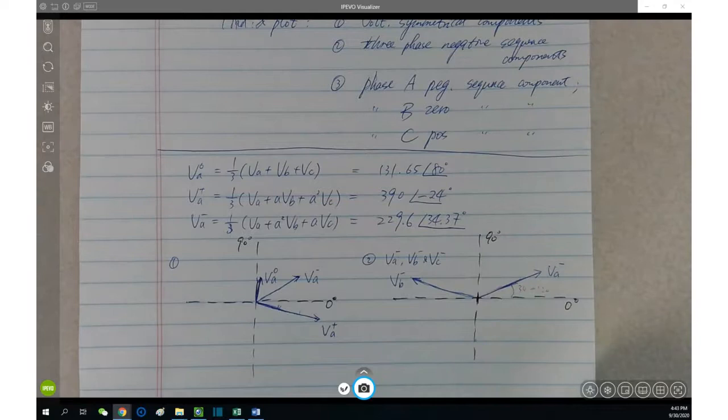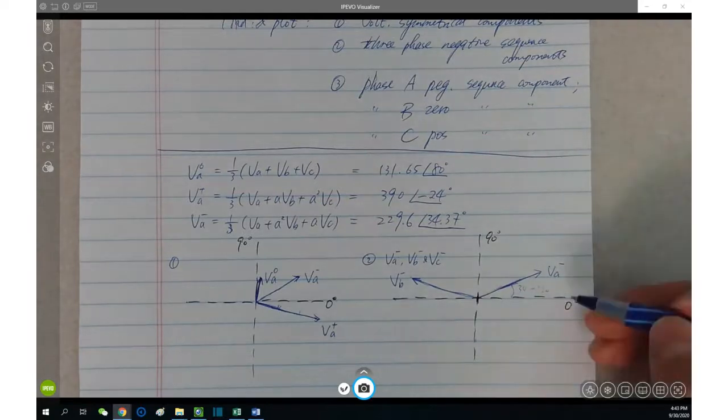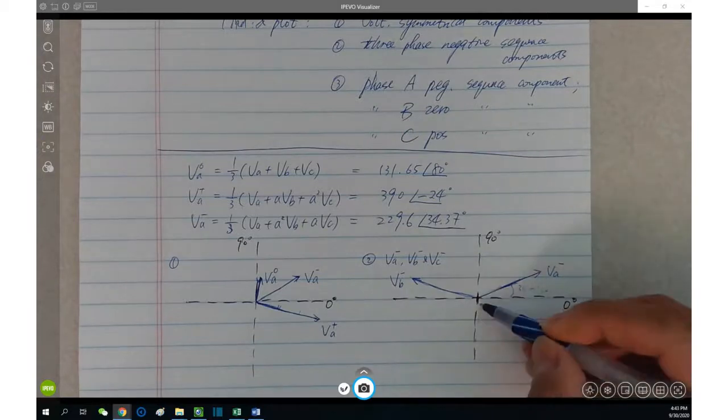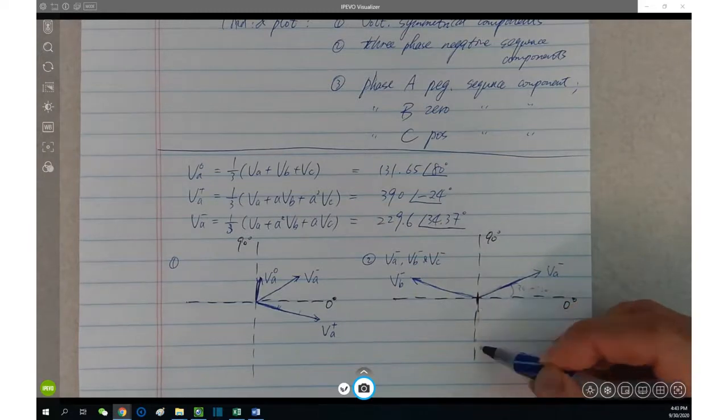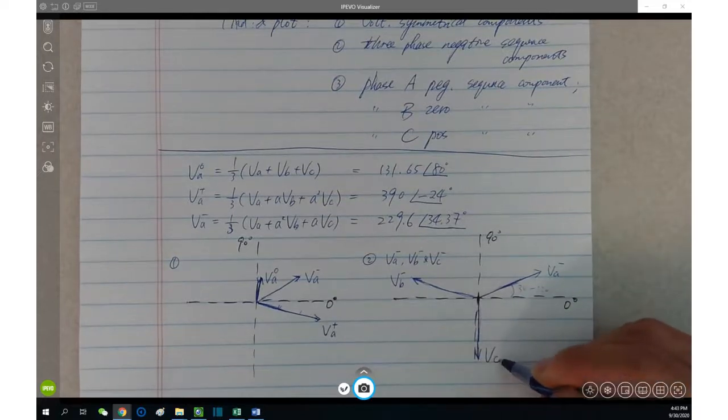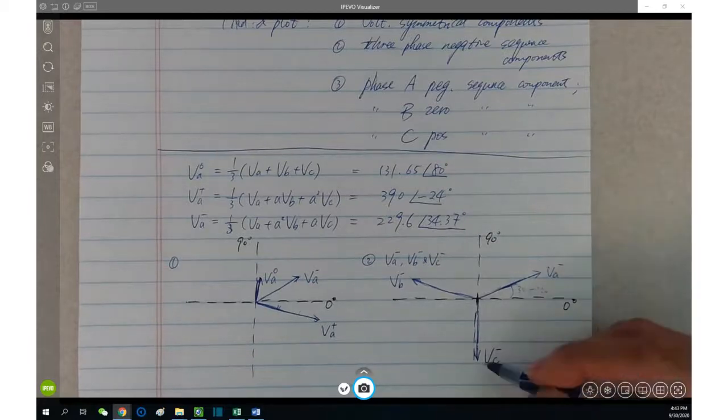It's negative 86 degree. You can't perfectly align with the vertical line, okay? It's very close, but not exactly. VC minus. Does it make sense?